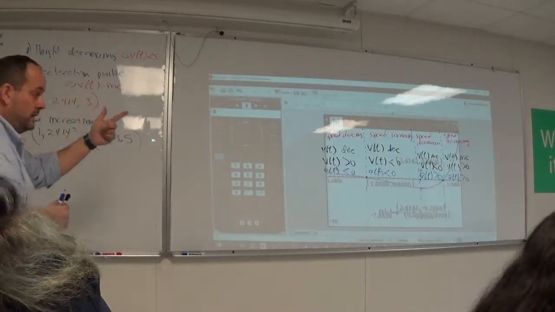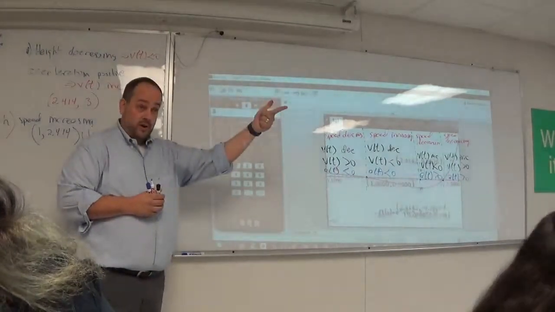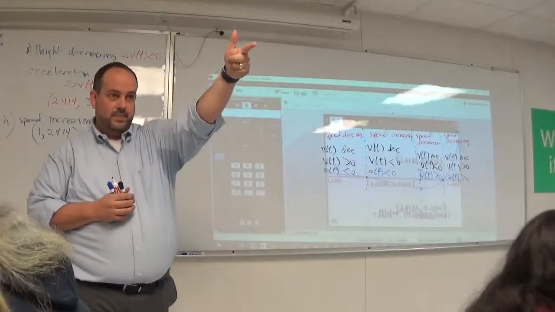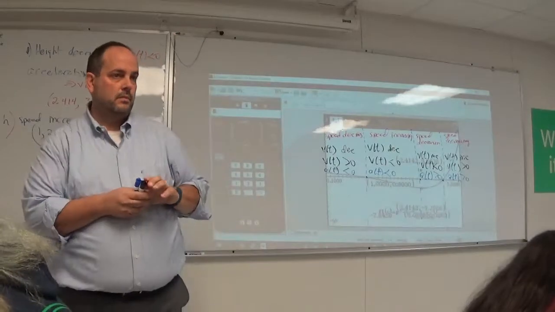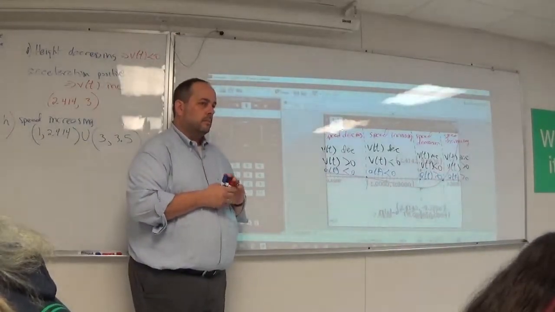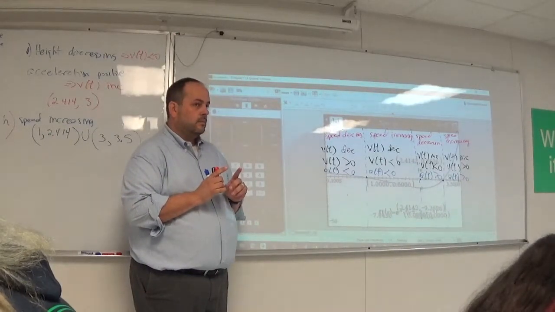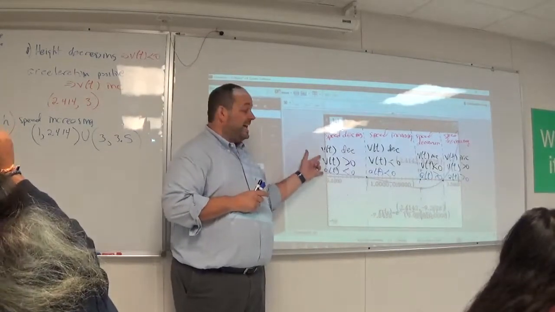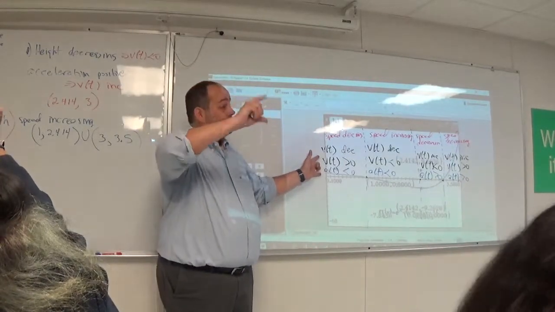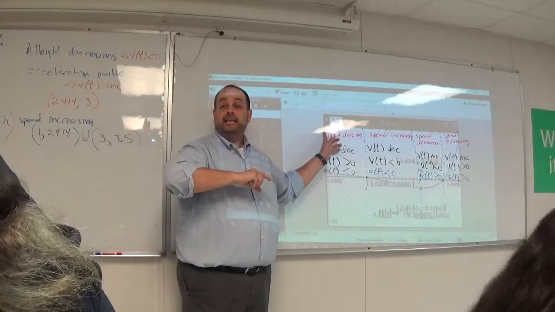Speed is decreasing. You're seeing something? What are you saying? That whenever speed and velocity are going the same way, acceleration is... I'm looking for a connection here at the velocity and acceleration level and how it automatically tells you speed.